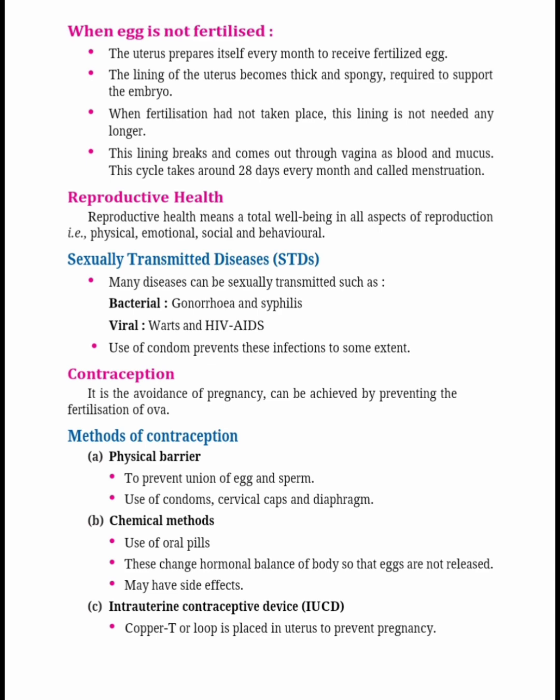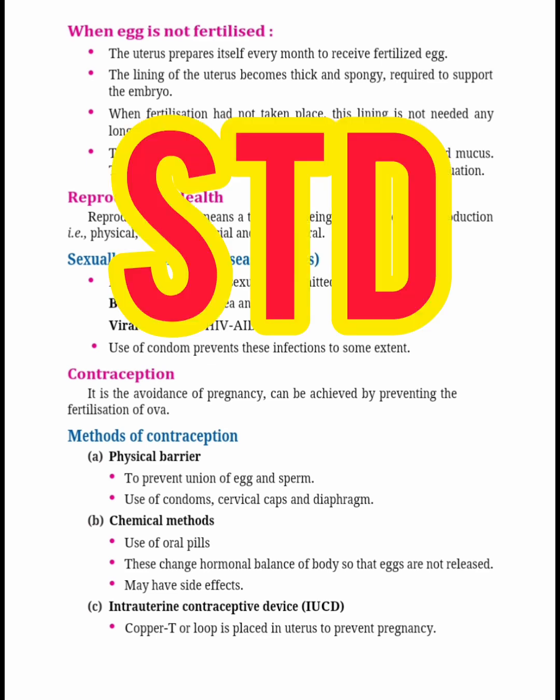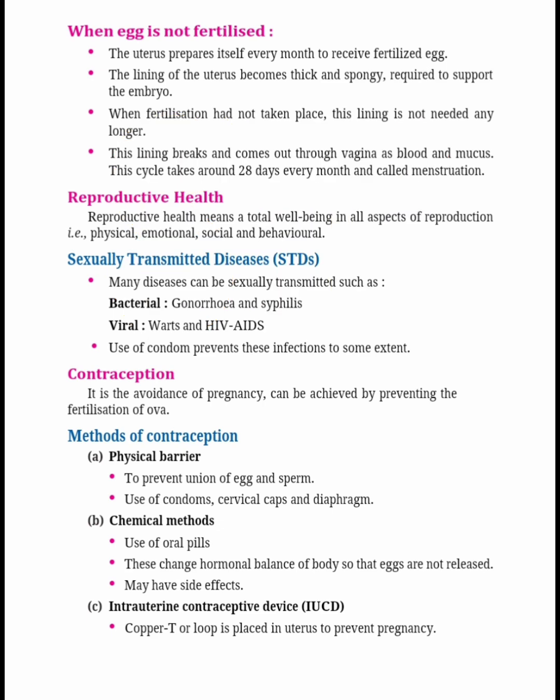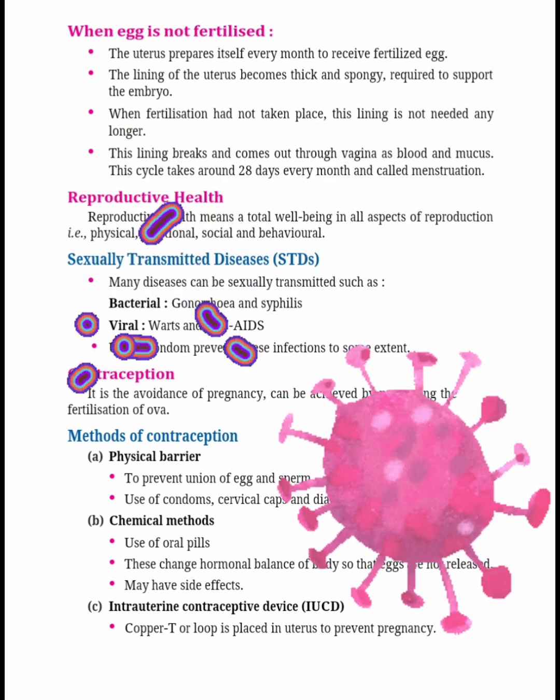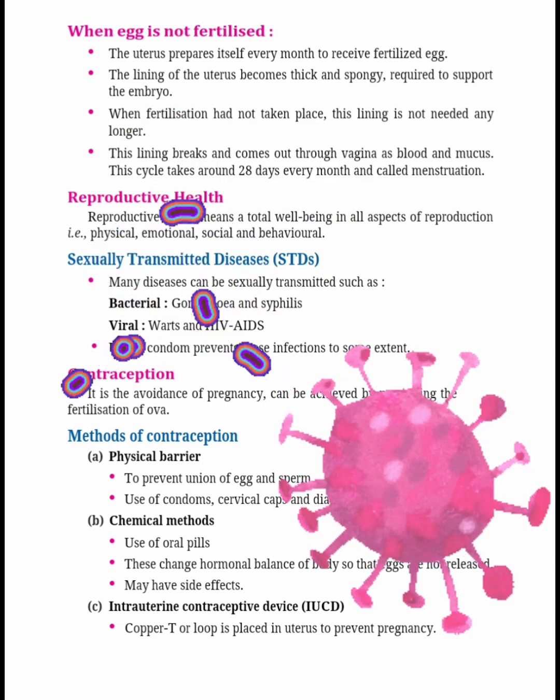Next topic is reproductive health. Reproductive health is nothing but a total well-being in all aspects of reproduction, that is physically, emotionally, socially and behaviorally. Sexually transmitted diseases, that is STDs. Many diseases can be sexually transmitted through microorganisms like bacteria and virus from an infected person to a healthy person.